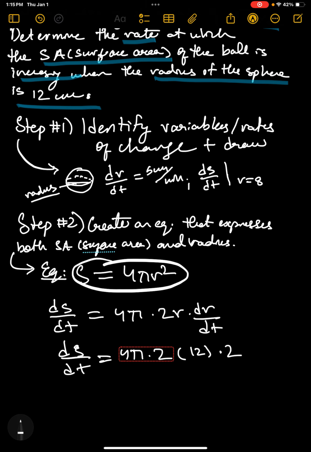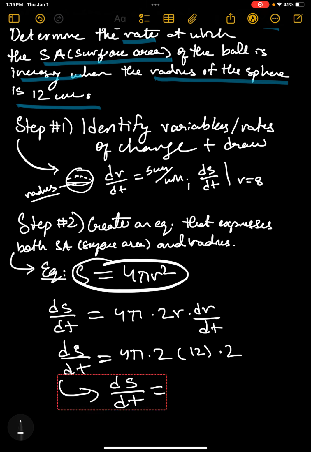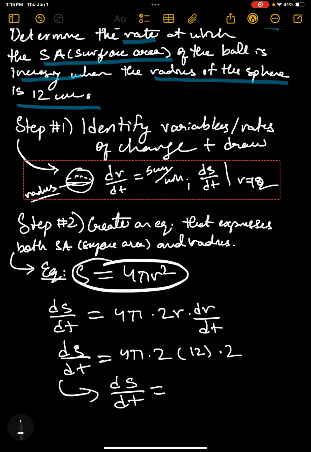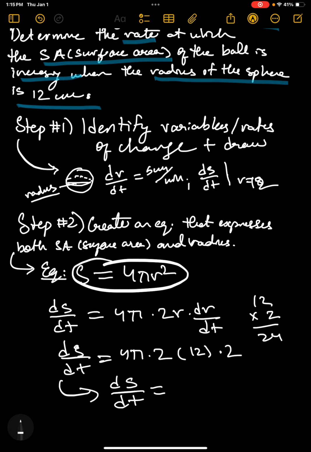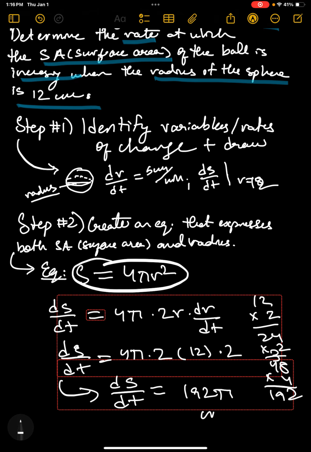So then this would be ds dt is equal to, oh, this is 12, sorry. Ds dt is equal to, let's see, 12 times 2, 24 times 2 is 48. 48 times 4 is 192 pi. And then units, centimeters squared per minute.